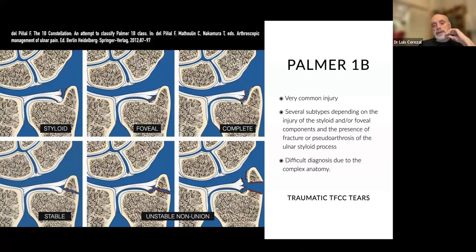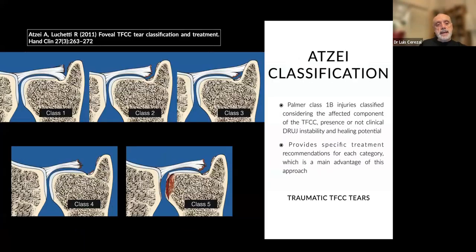We can have a complete disinsertion of the TFC from the ulnar insertion, but it could also be complicated by fracture or pseudoarthrosis of the ulnar styloid, making the diagnosis of this kind of injuries really challenging on MRI.